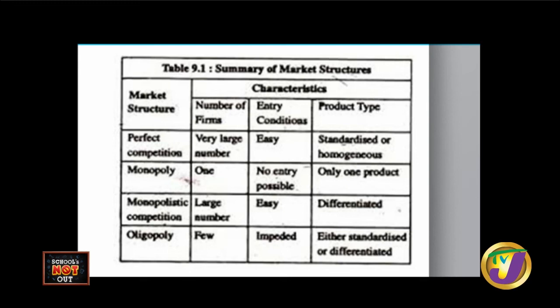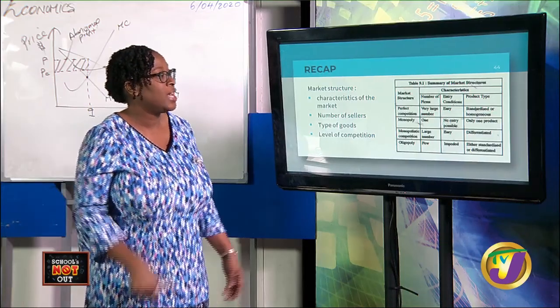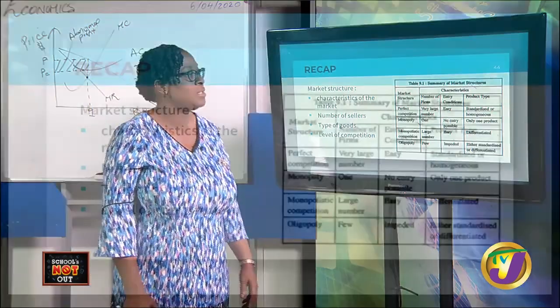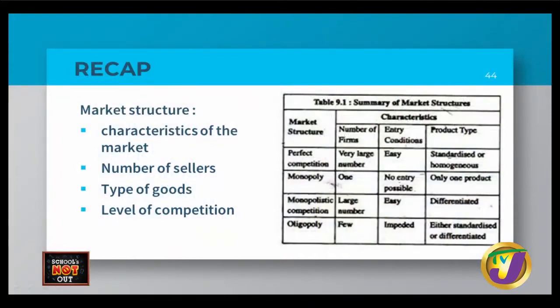We have our monopoly: in terms of number of firms, 1. Ease of entry, no entry is possible. And the type of product, 1 product or a unique product with no close substitutes. Then for monopolistic competition, similar feature to the perfect, there are a large number of firms. Entry is quite easy.